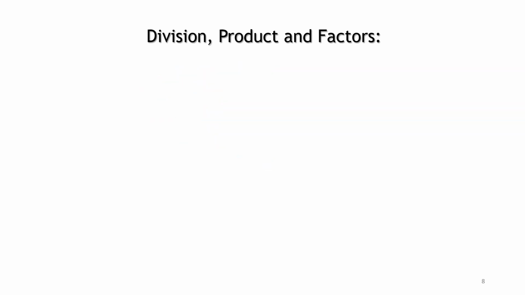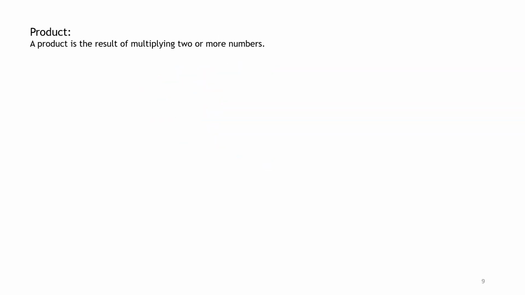So with these examples, let us move on to the next topic, that is product. What is a product? Example, 2 multiplied by 3 gives you 6. 6 is the product. The product 6 you got by multiplying two numbers, 2 and 3. In a similar way, 2 multiplied by 3 multiplied by 5 gives you 30.